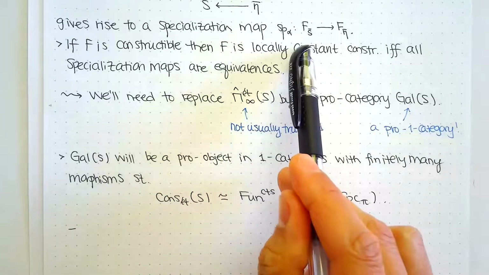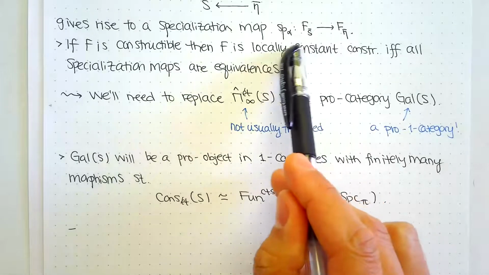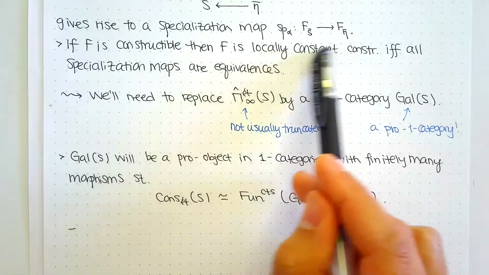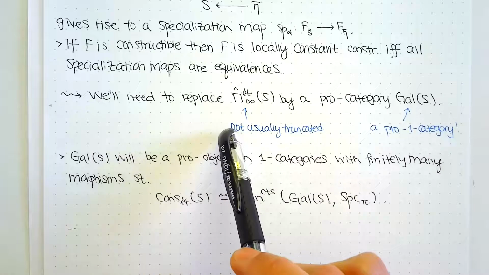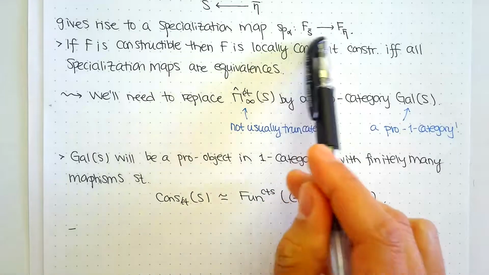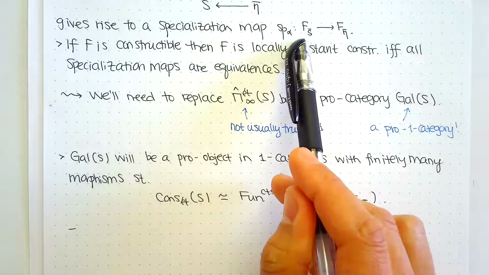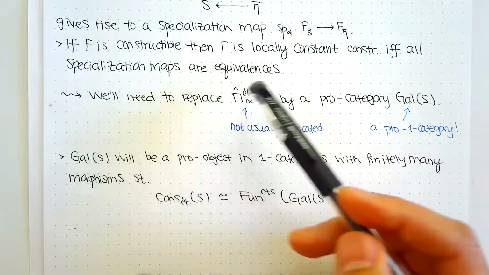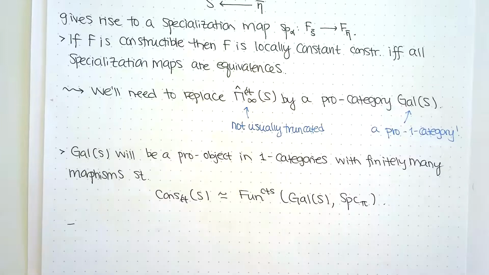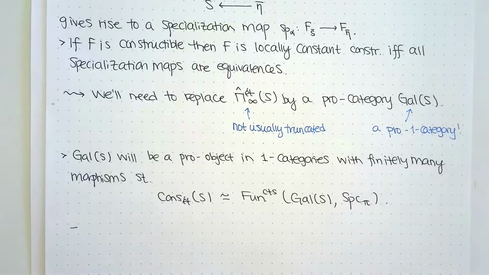And that's because for locally constant constructible sheaves, all of these specialization maps are equivalences. But without the local constancy, they're not equivalences. For example, if you had a DVR, so it has these two points and you're looking at the stalks at each point, you have this specialization map, but it's not an equivalence. I don't know if that answers the question.